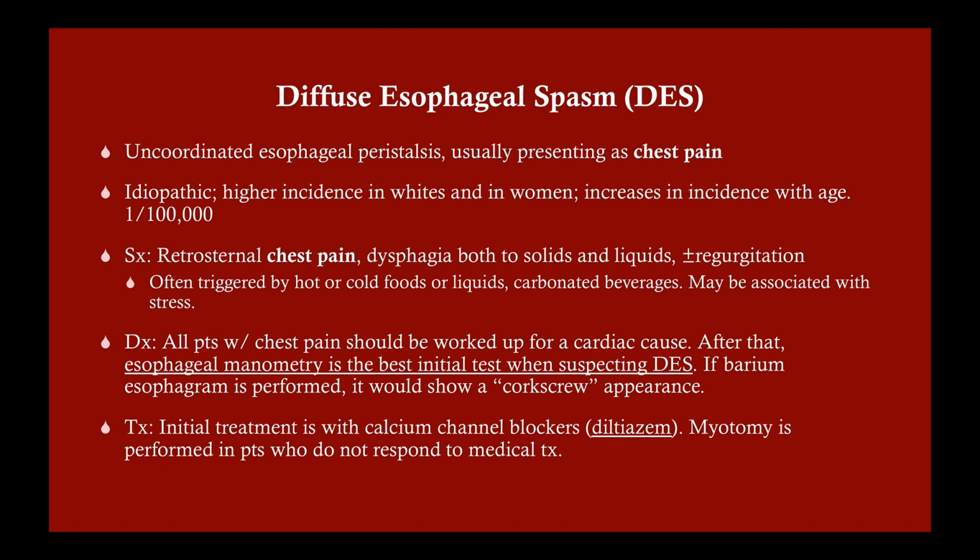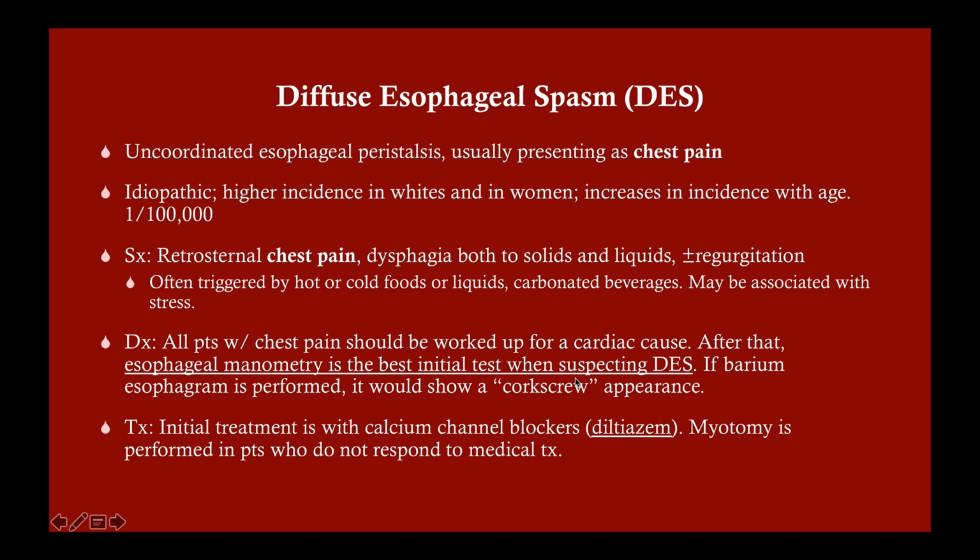That corkscrew appearance, if you have it, it's diagnostic, right? Because you don't see the corkscrew appearance with anything else. But in most patients, you're not going to find that. They need to actually be actively having a diffuse esophageal spasm in order to notice the corkscrew appearance. So esophageal manometry is really the best initial test.